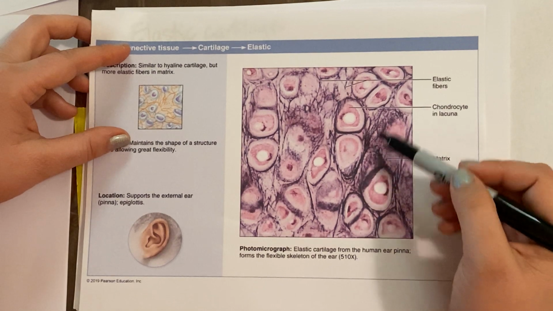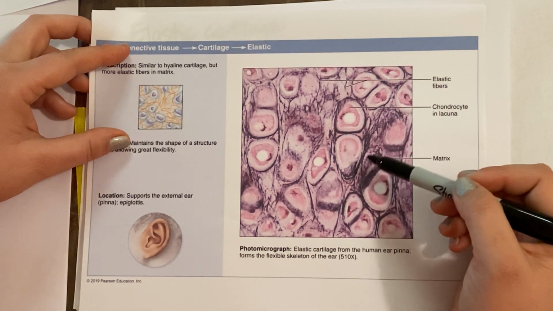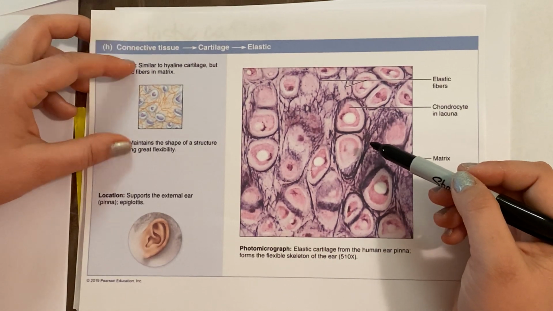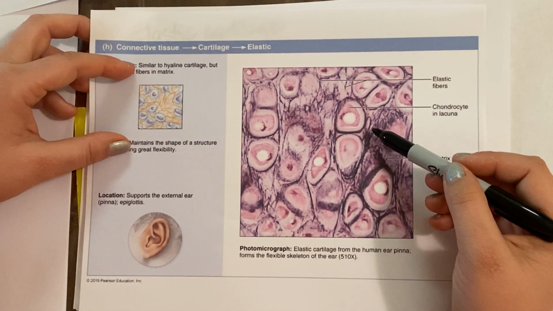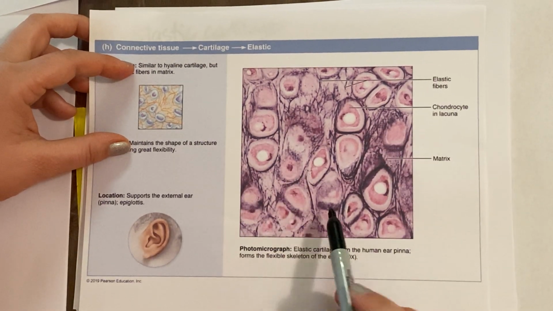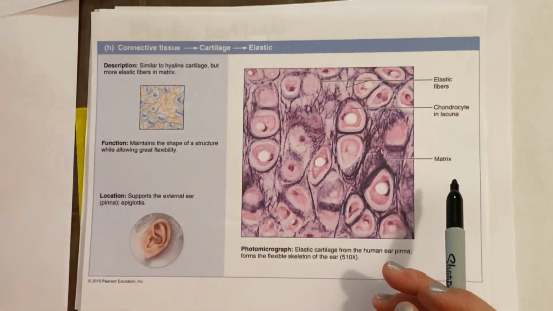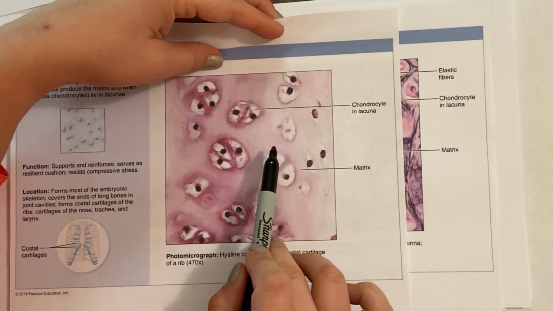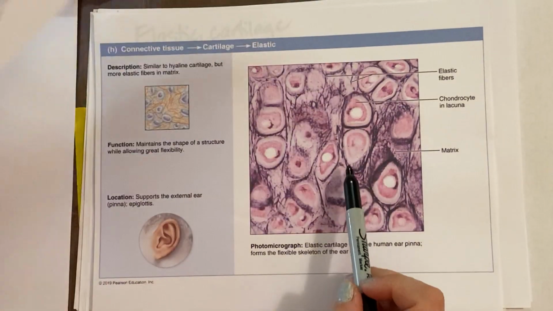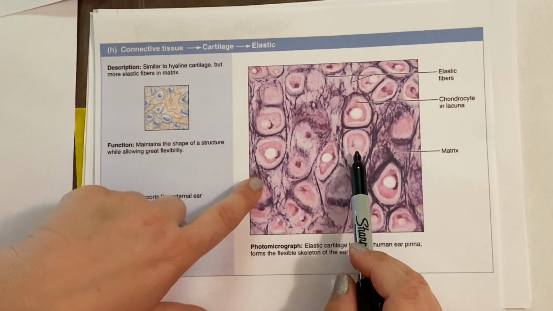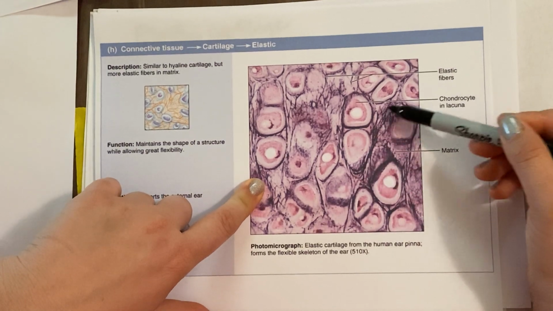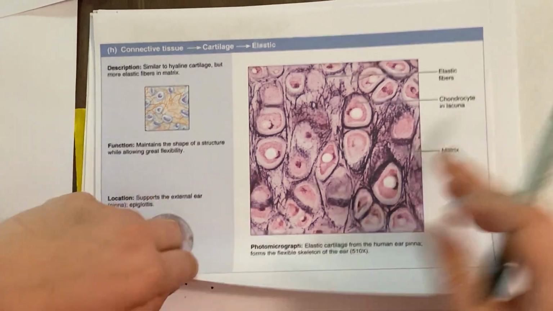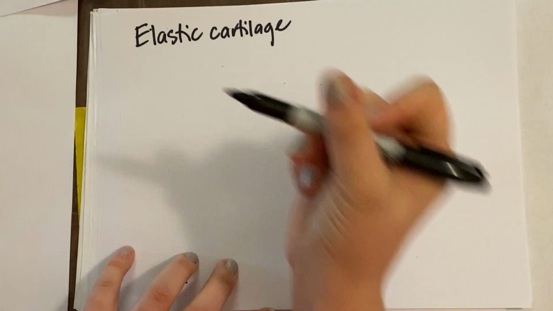These are going to be elastic fibers, which provide a little more stretch and strength to these areas. I think it looks very different. If you look at these right next to each other, you can see that there are no fibers visible in this one, which is hyaline, and then this is the elastic. So you can see all these elastic tissues present.